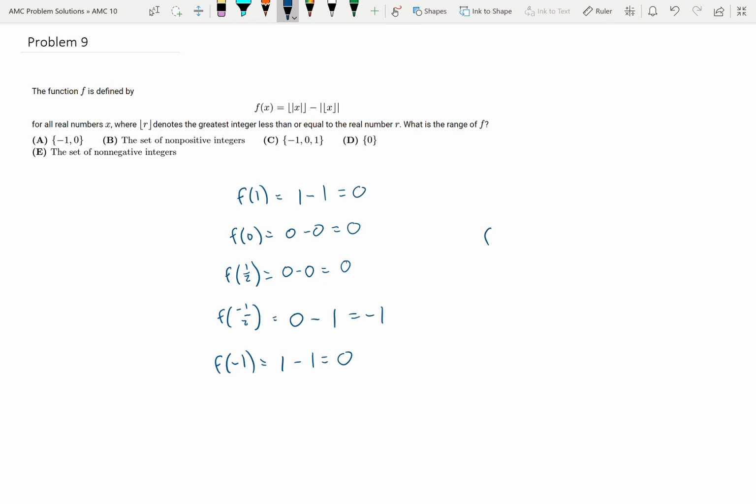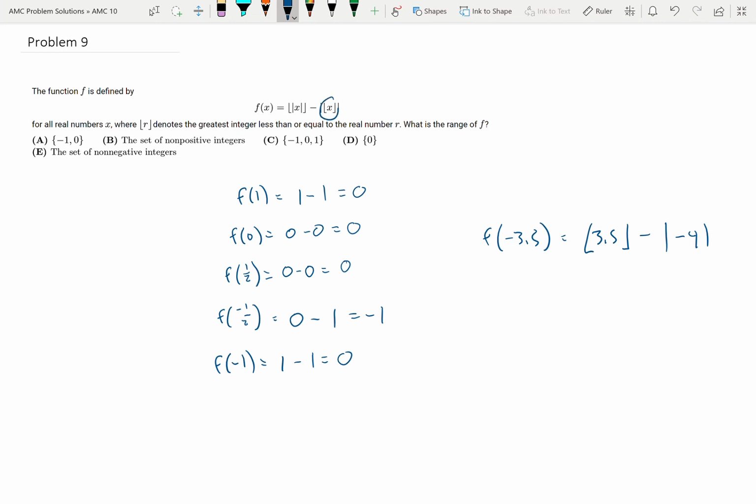fraction. So if I were to plug in f of negative 3.5, notice what's going on here. Initially you take the absolute value of that, that's 3.5. Alternatively, I'm just taking the absolute value of negative 4.